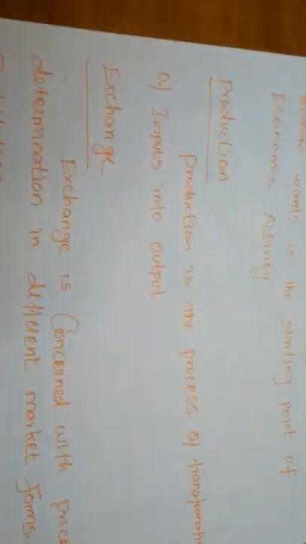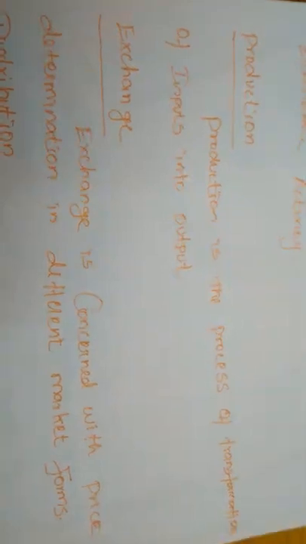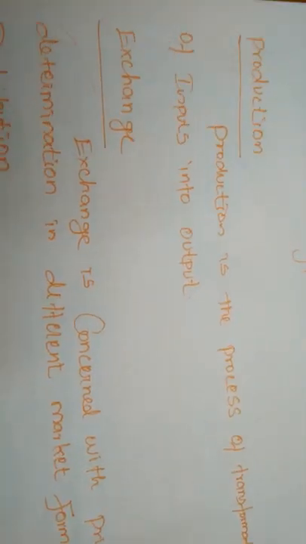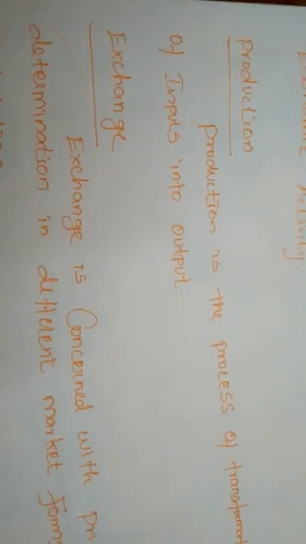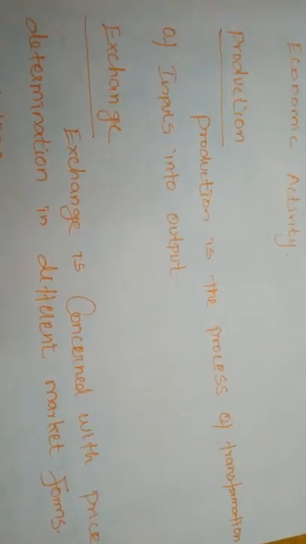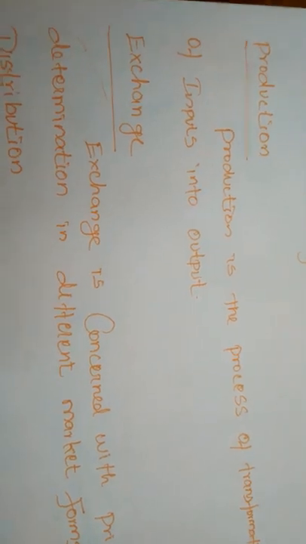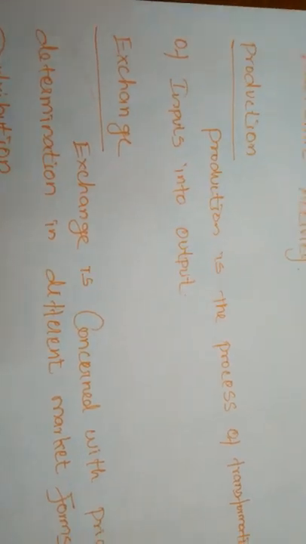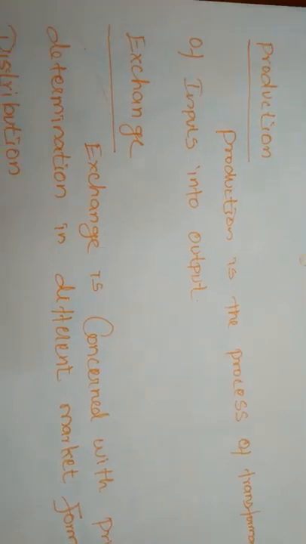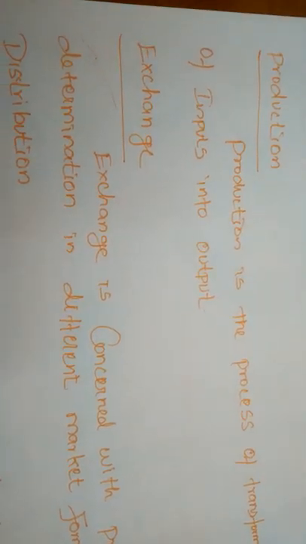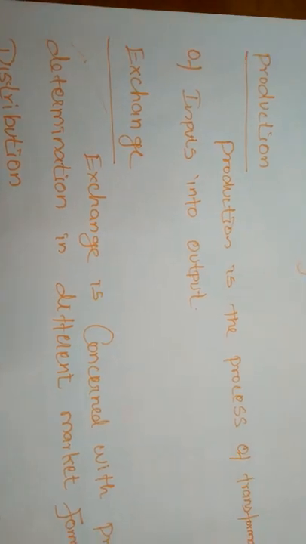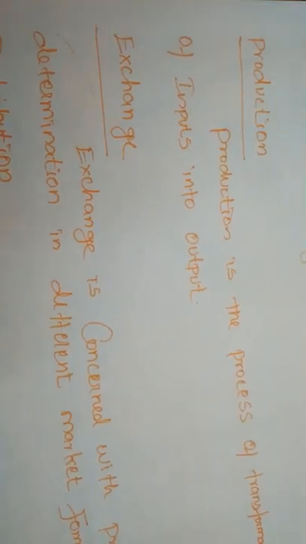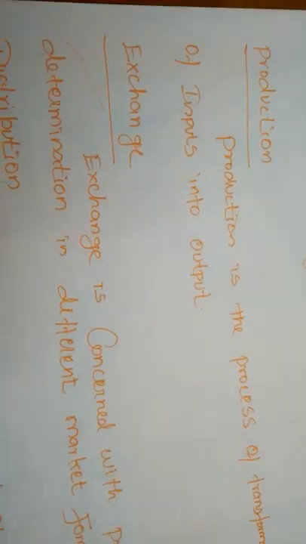Next, production. Production is the process of transformation of inputs into outputs. Normally, if you want to understand it clearly or easily, production is the process of transformation of inputs into outputs. In this, the producer must know how to make a finished product by using the inputs or raw materials.